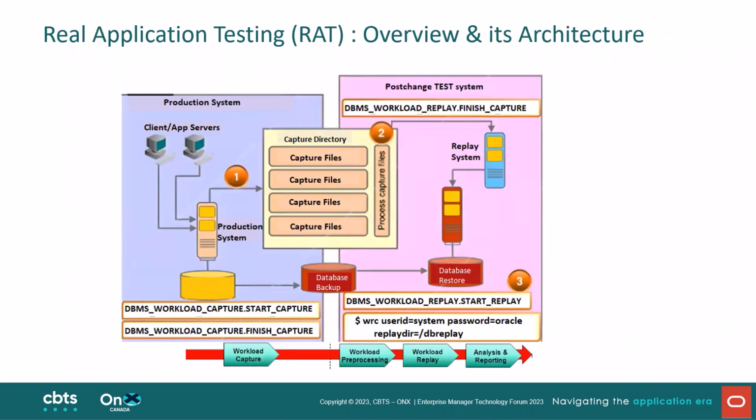Okay, so this is a high-level architecture diagram for Real Application Testing. On your left, in the blue color, you are seeing a production database system, your existing production system. And on the right, in pink color, you are looking at a soon-to-be production database system.